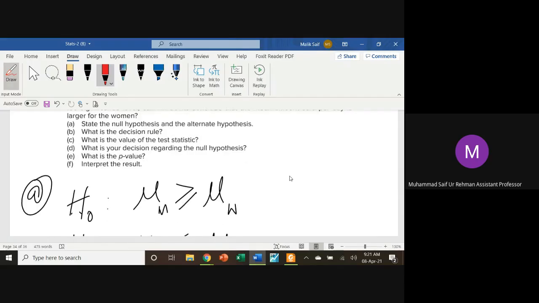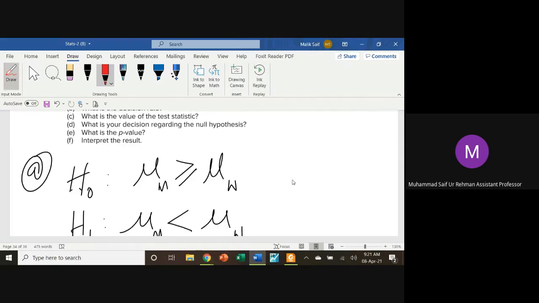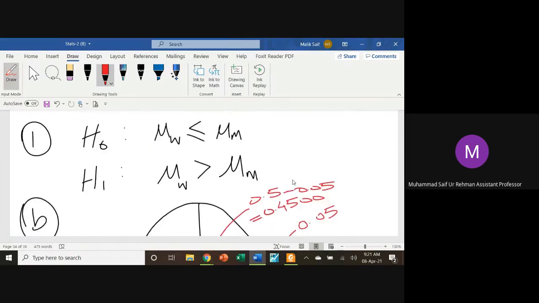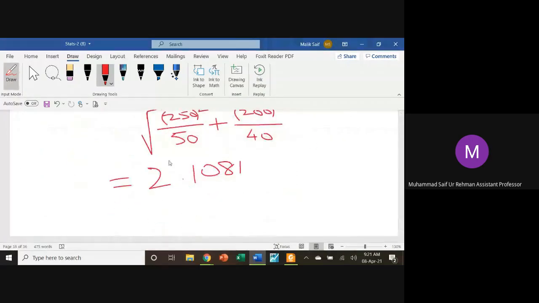Fine. And what is the p value? Answering part E, you will find out the p value. How will you find it? Simply take into account this value 2.108, so you may take it as 2.11.